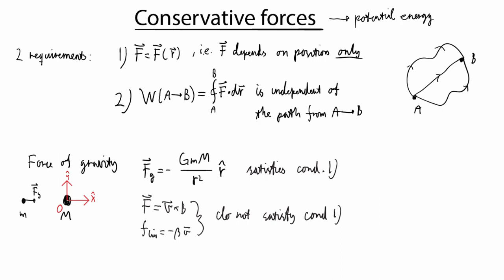Condition 2 is a little more subtle. If you look, for instance, at the force of friction, try to calculate the work of friction. We know that the force of friction is always in the opposite direction of the direction you're traveling.